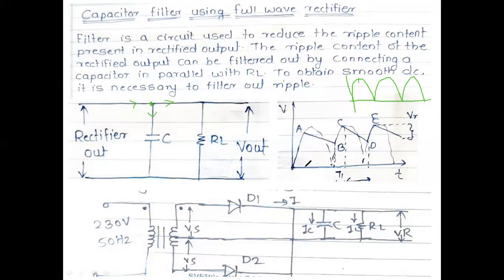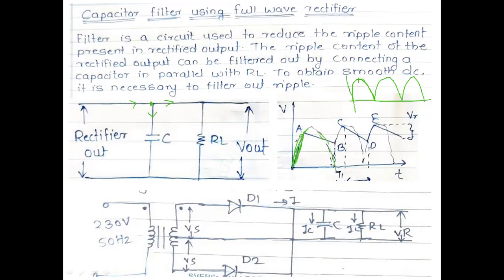We consider this part here. But after 90 degrees, the current will start to decrease, and this decrease is what we have to avoid.